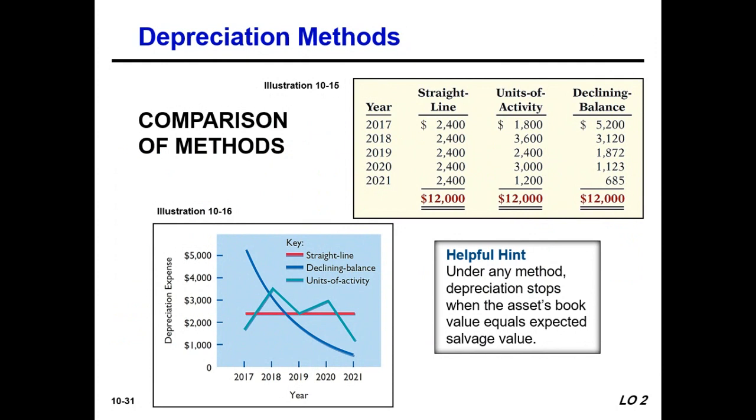Now, which method is acceptable in accounting? Each method is acceptable, because it provides depreciation in a rational and systematic manner, right? So all three methods are acceptable.